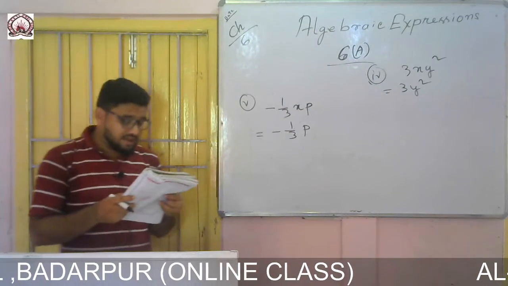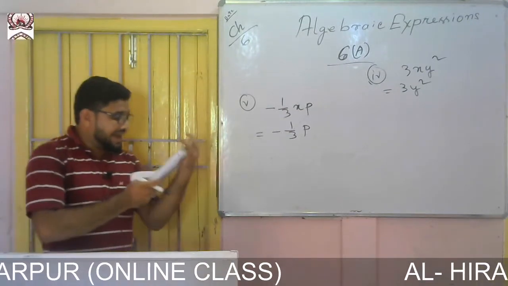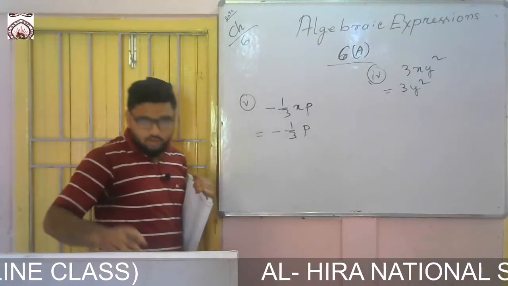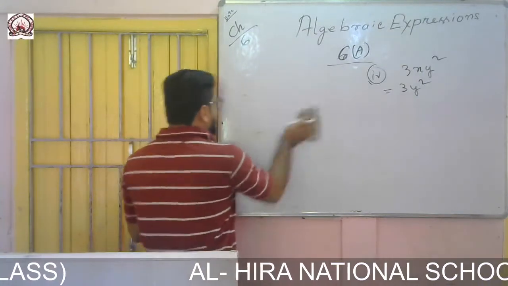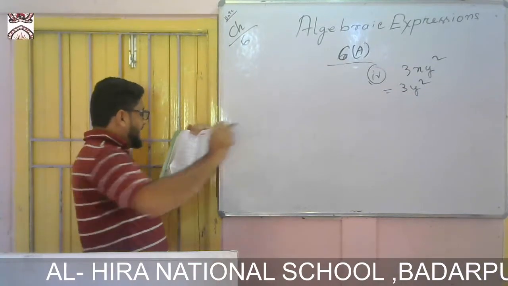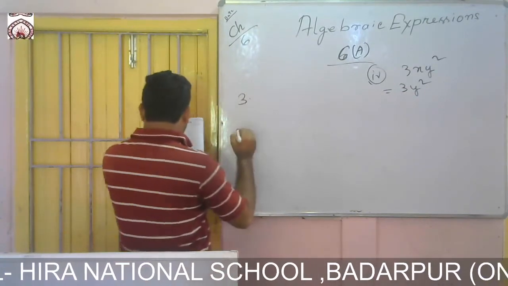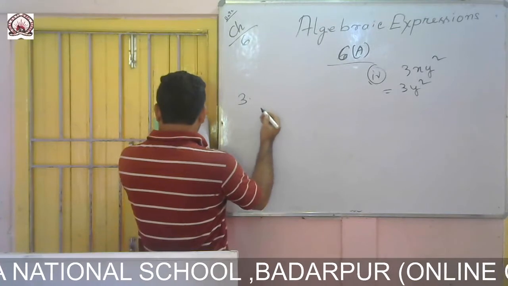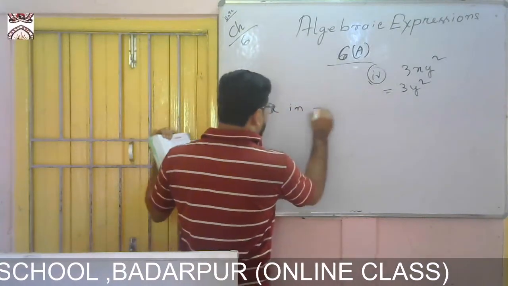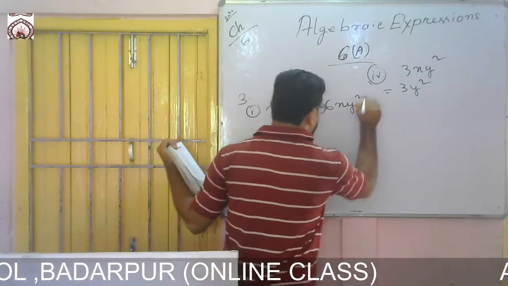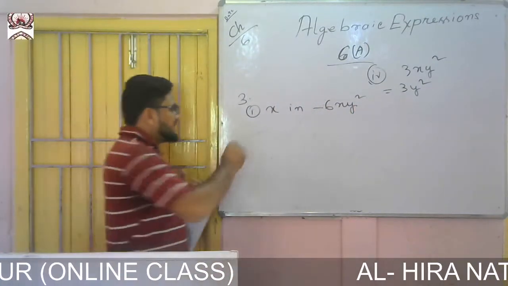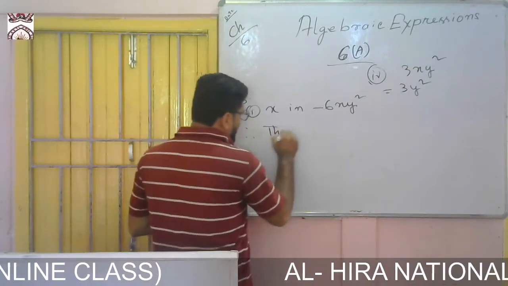Now come to question number 3. So it is the same. Write the coefficient of x in 6xy square. In the term 6xy square, you have to find the coefficient of x. Question number 1: x in minus 6xy square. So write the coefficient of x.